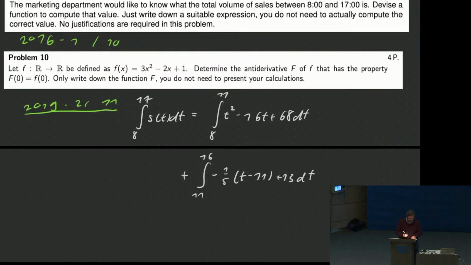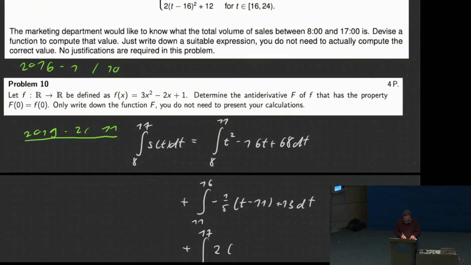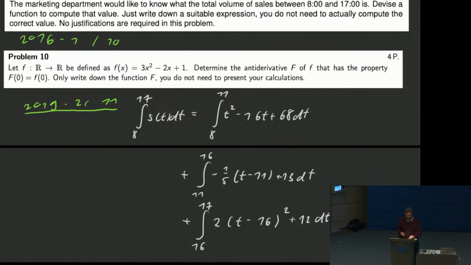And of course, we don't integrate until midnight. We only integrate from 4 o'clock to 5 o'clock, 16 to 17. And now the expression is the last one here, (2t minus 16) squared plus 12 dt. Right, so that was the answer that was expected in this exam.